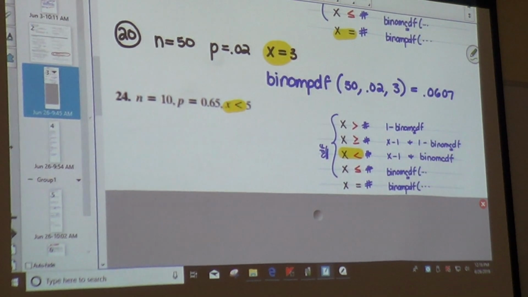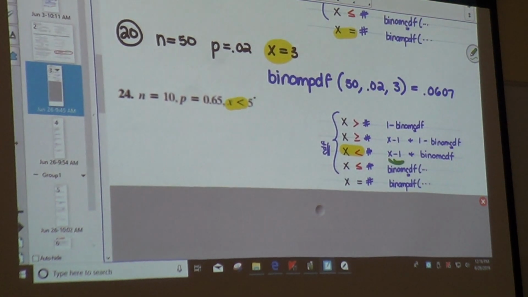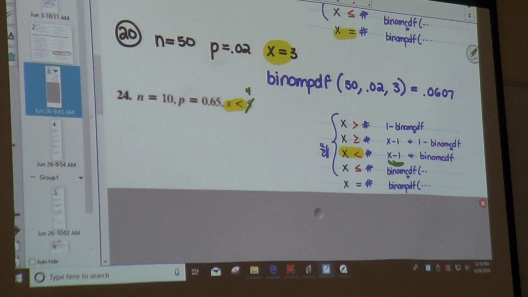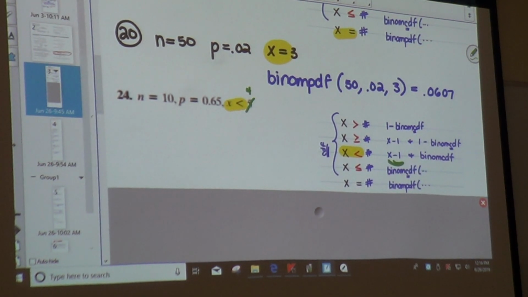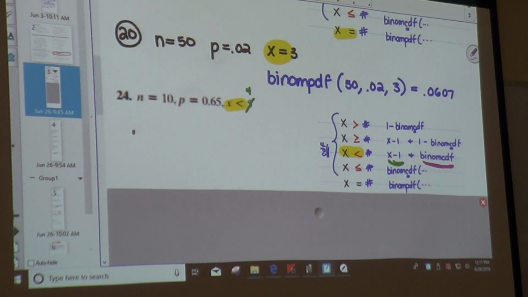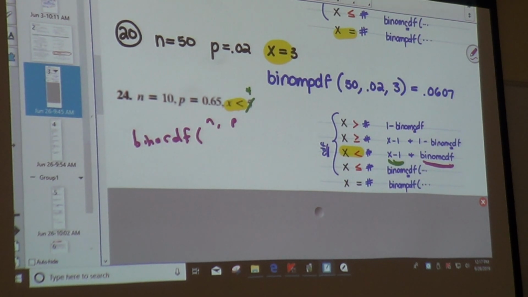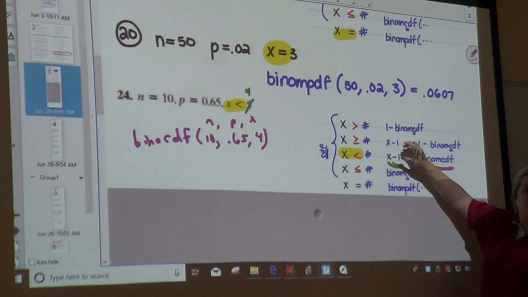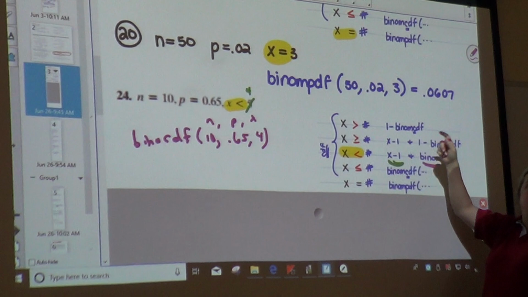Then the second part of the rule says I'm going to do a binomial CDF of my N, P, and X. So it's going to be 10, 0.65, and 4. So that's the two-parter. If you get either one of these middle ones, you have to subtract 1 from the X before you do it.